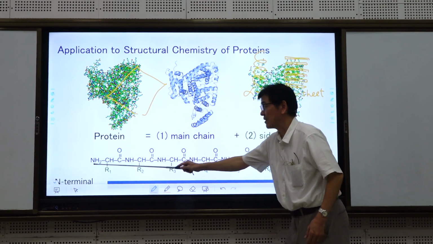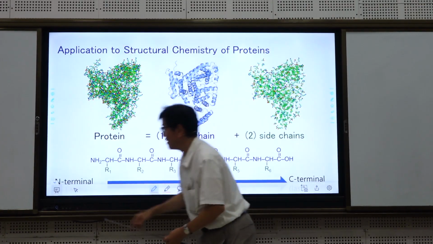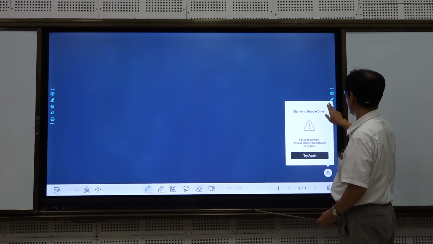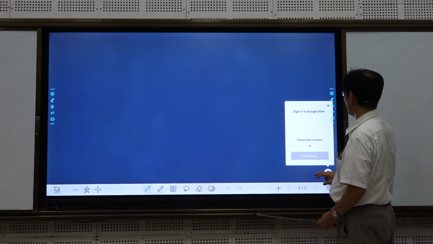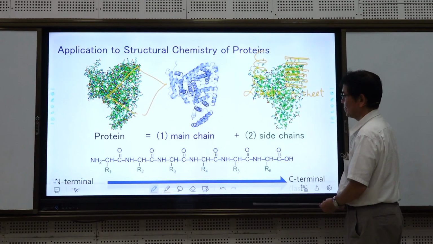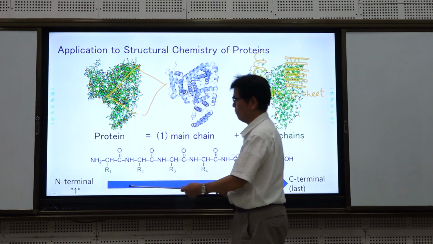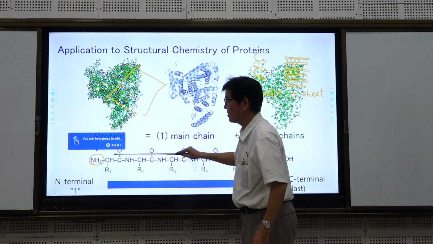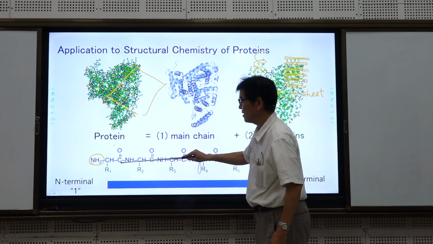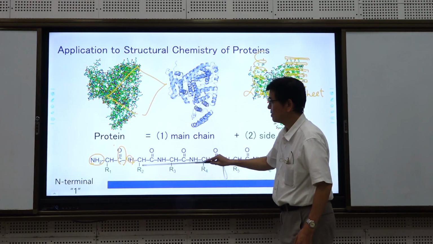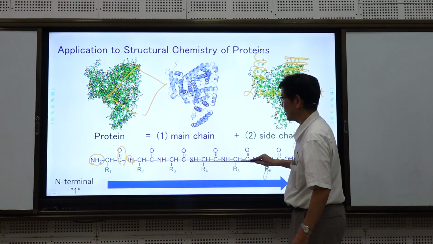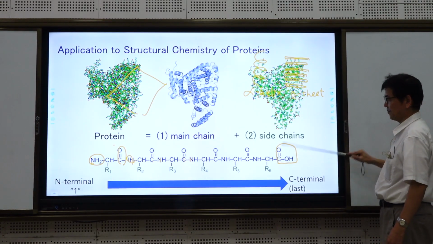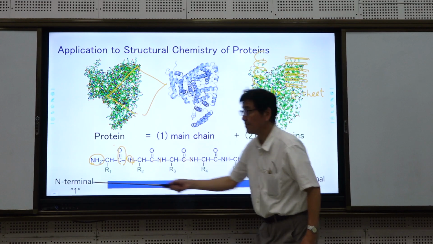So this is the polymer of the amino acid, and this is the peptide main chain, and the N terminal is here, and C is connected to N. C is connected to N. So starting from N and ending with C, we call it the N terminal.